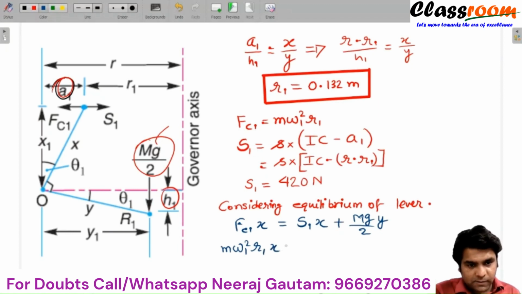That is 420 newtons into x here, x plus mg. Here the value of x is not substituted, and also the value of S1 into x plus mg y by 2.